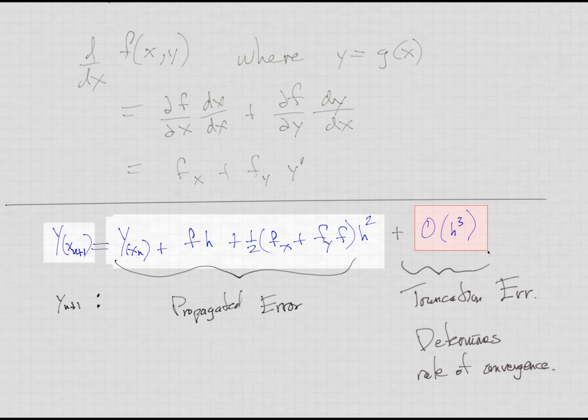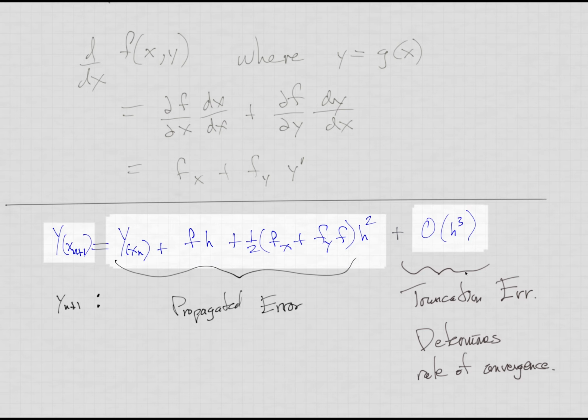This represents the error that's introduced at the n plus first step, because we can't compute the exact value of y sub n plus 1 just using the two-term Taylor series. Okay, so we've broken the error up into a propagated error that represents our error in evaluating this term, and the truncation error here.